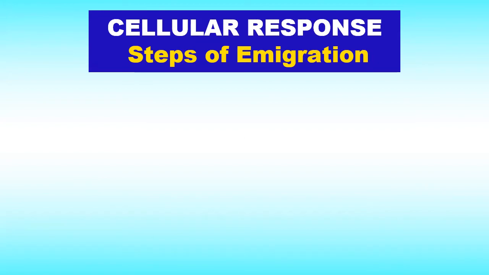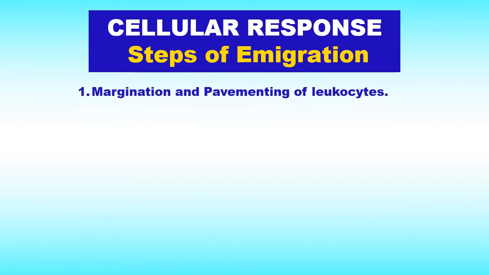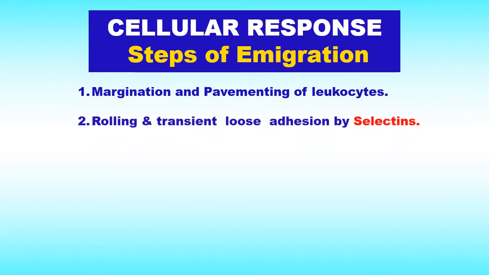The stages of emigration or migration of leukocytes are: during the stasis of blood, there is margination and pavementing of leukocytes, mainly neutrophils, on the surface of endothelial cells lining the walls of blood vessels, followed by rolling of leukocytes on the endothelial cells with the transient loose adhesion by adhesion molecules on the endothelial cells, which are called selectins.